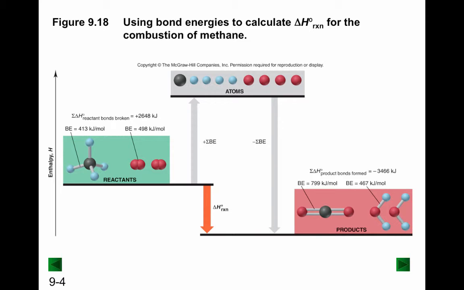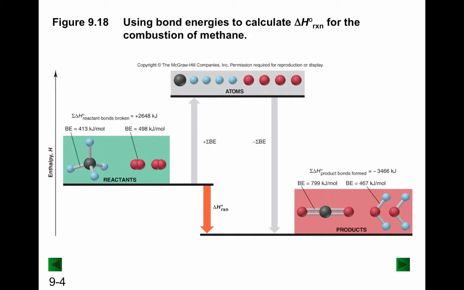The energy released when carbon dioxide is formed is 2 times the bond energy for the carbon-oxygen double bond, or 1,598 kilojoules. Now we plug these values into our equation for the enthalpy of the reaction, where we subtract the energy associated with bond making from the energy associated with bond breaking and find delta H for the combustion of methane to be negative 818 kilojoules.